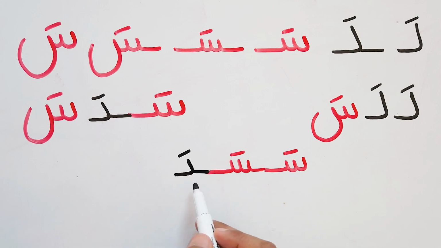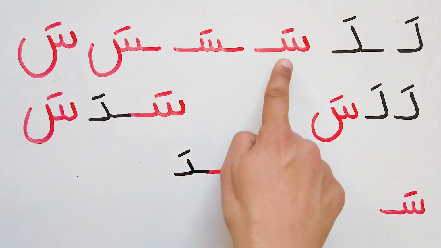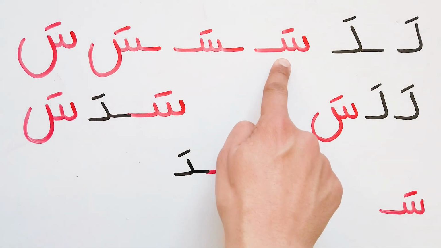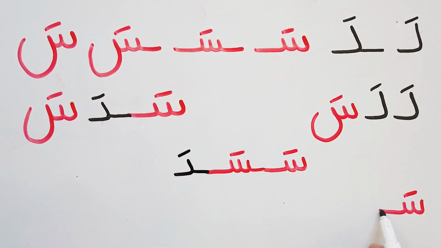Se, de. Okay, let's write another word. Se, de. Se. I selected this shape because it is in the beginning of the word. Se, de. I will select this one because I want to get connected.